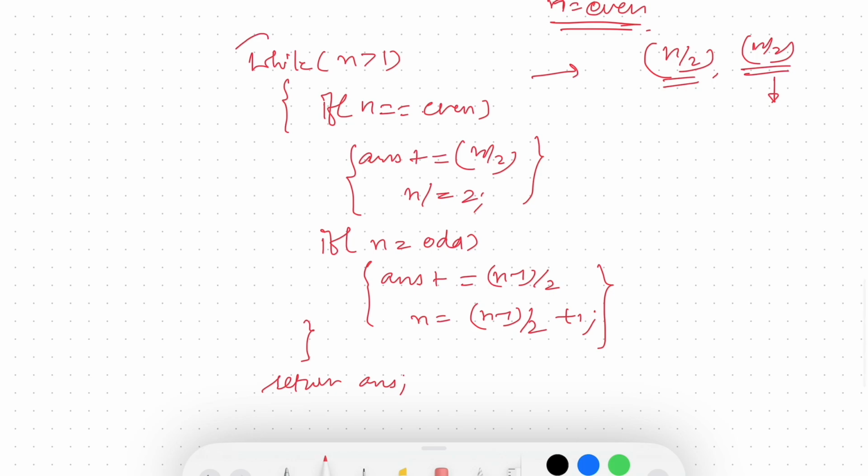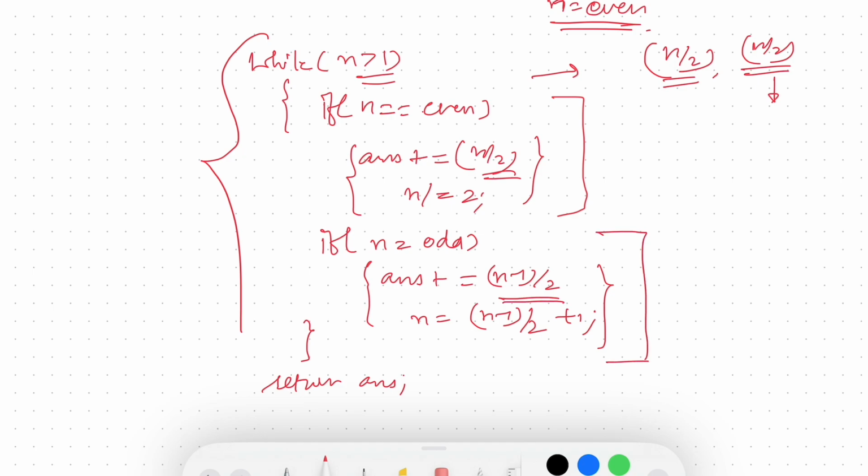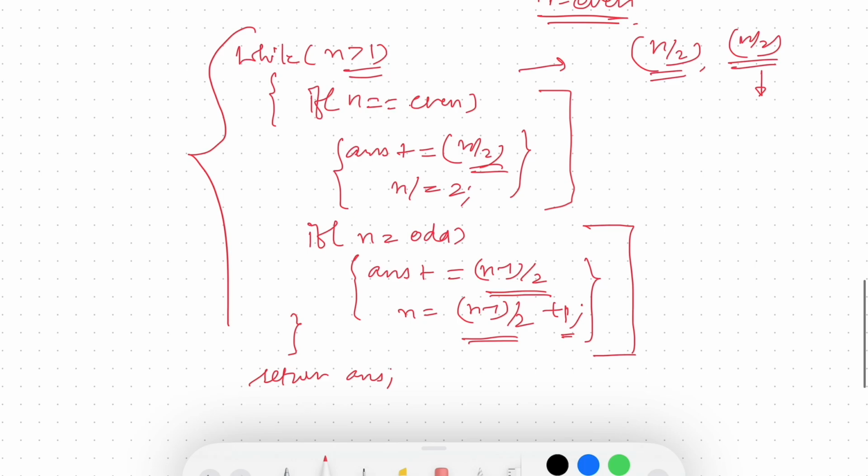Until we are left with one team, if the number of teams is even, all the teams will participate in the matches, and there will be n by 2 teams moving to the further round. If we have an odd number of teams, (n minus 1) by 2 matches will happen, and (n minus 1) by 2 teams will win those matches, and one team which did not participate will move to the further round. This way we can get to the solution.